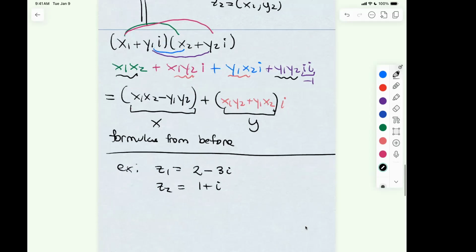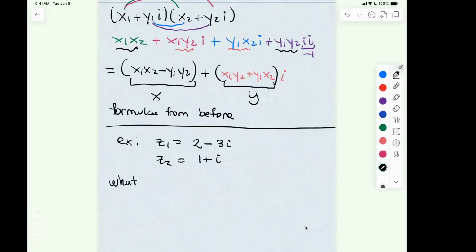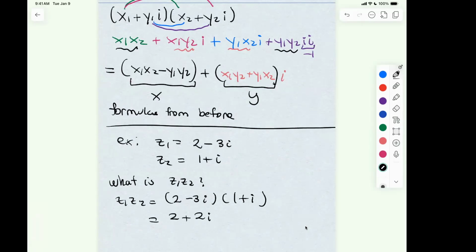So what is 2 minus 3i times 1 plus i? Again, when you FOIL or distribute, you get 2 plus 2i minus 3i minus 3i squared, right?